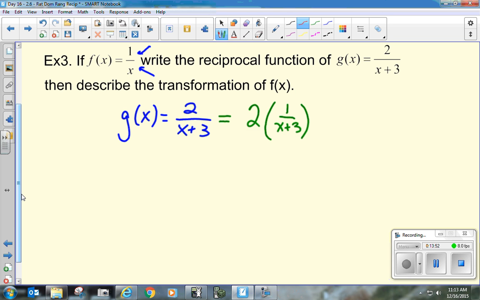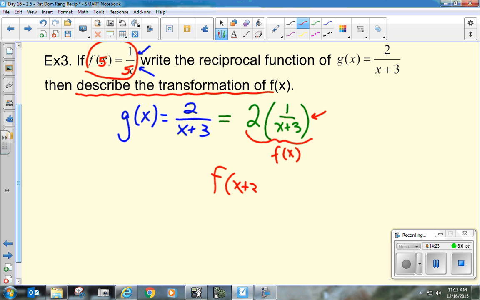But for this part here, we are going to put this back into f of x. We're going to put that back into here. All right? And that's going to help us describe the transformation. Meaning, well, in this function, if I had a 5 here, wouldn't that be 1 over 5? Right? Whatever goes into the x goes there. Well, what's on the bottom of our fraction here? X plus 3. So that's like saying f of x plus 3.